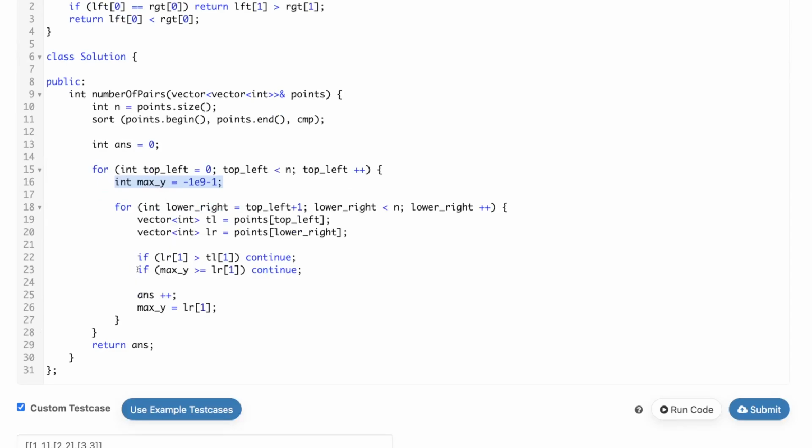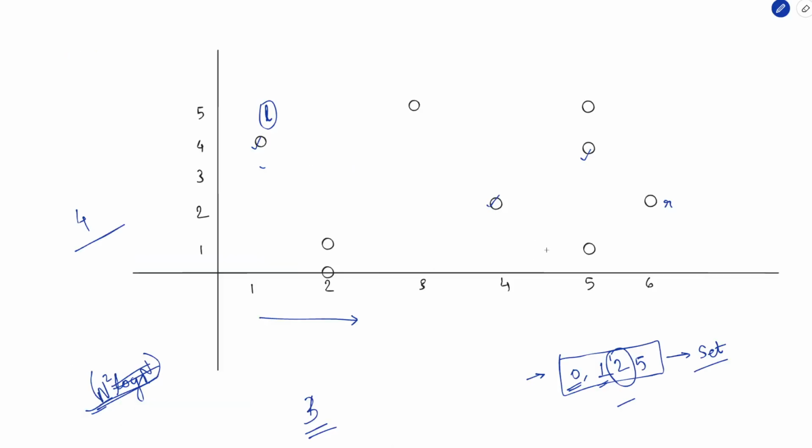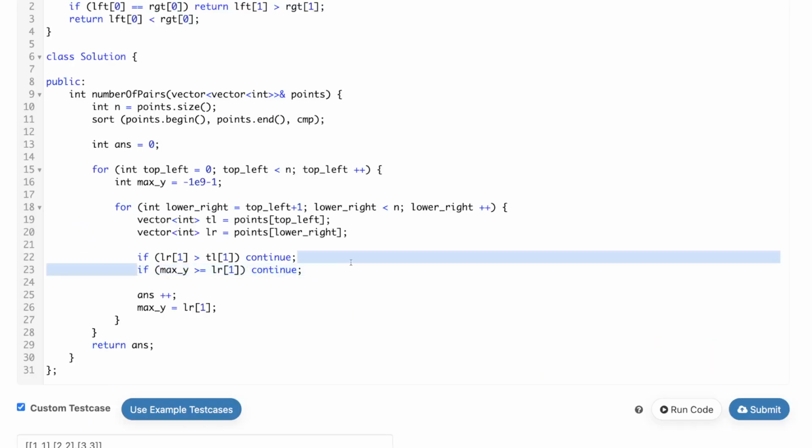If the one that we have seen so far is greater than the current value of y, it means, when you are at this particular index, the maximum value of y you had seen at that time was 4. So if it is greater, you will simply skip this. This is not a valid value of r again. So in that case, you will simply skip.